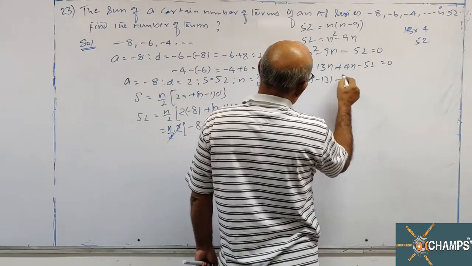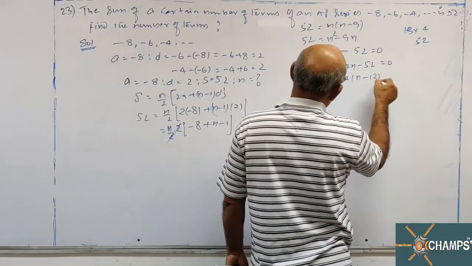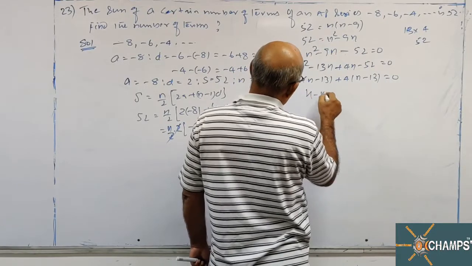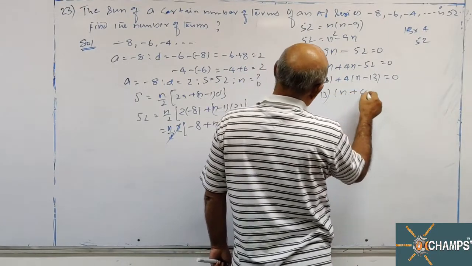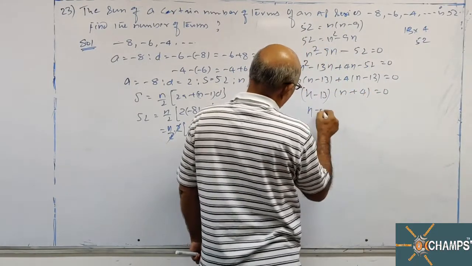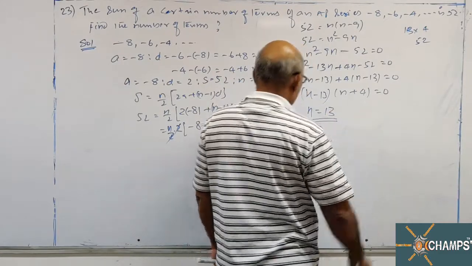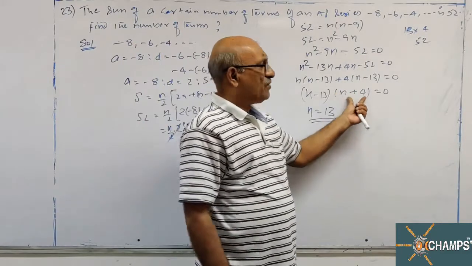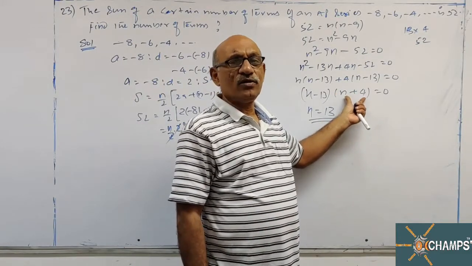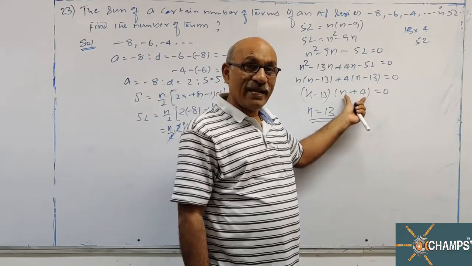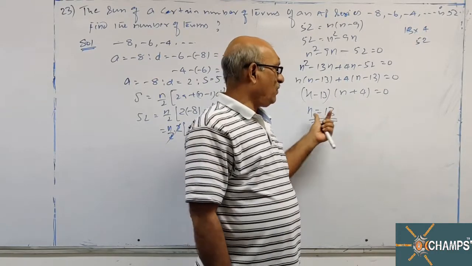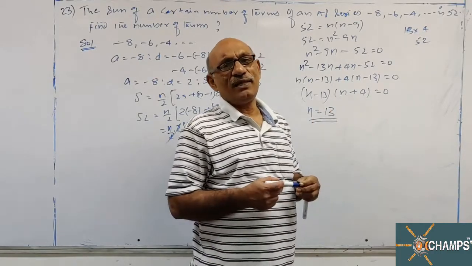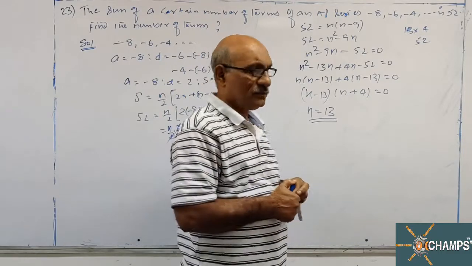N into N minus 13 plus 4 into N minus 13 is 0. N minus 13 into N plus 4 equal to 0. N is equal to 13. N plus 4 is not equal to 0 because the number of terms cannot be negative. Therefore, only one value is acceptable, that is N is equal to 13.